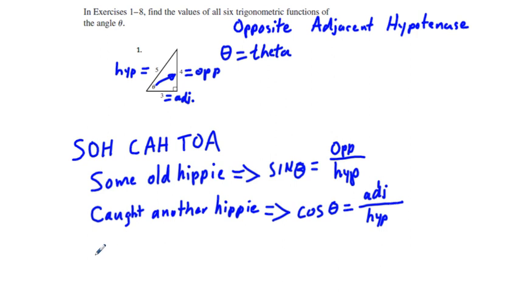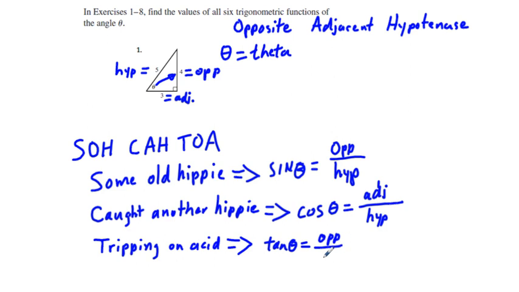And then the last sentence we use is tripping on acid. And tripping on acid refers to the tangent of theta, TAN for short, is equal to the opposite over adjacent.